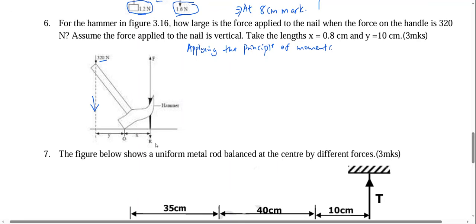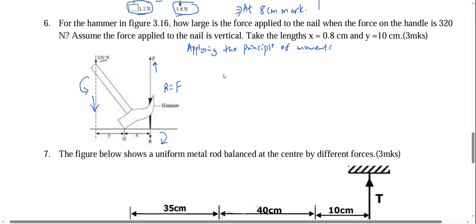And there is the reaction force also acting downwards, and there is the force F due to the nail, the opposition which is offered by the nail, the force F acting upwards. So the reaction force is equal to the force which the nail is exerting. The reaction force is in the clockwise direction, and this 320 Newton acting vertically is in the anti-clockwise direction.